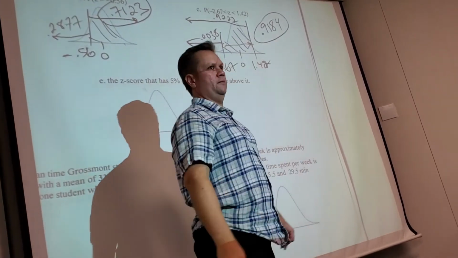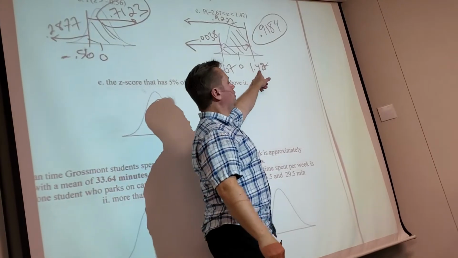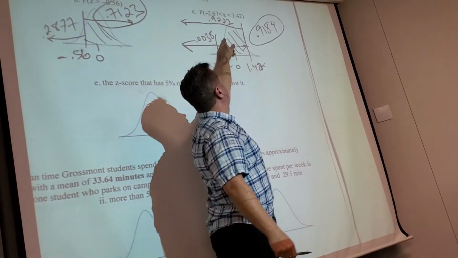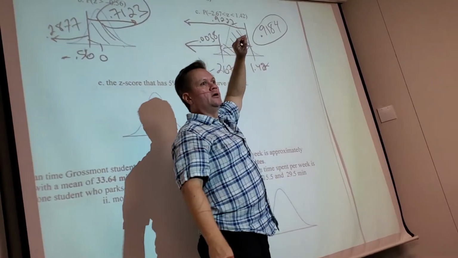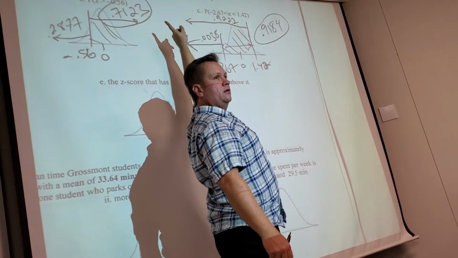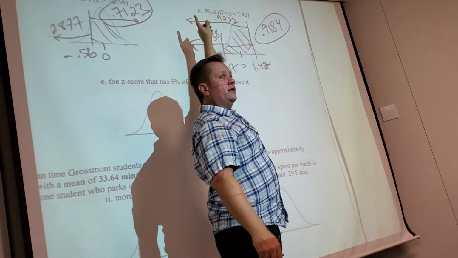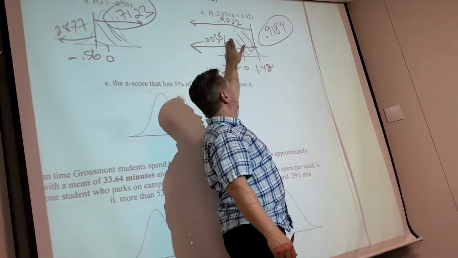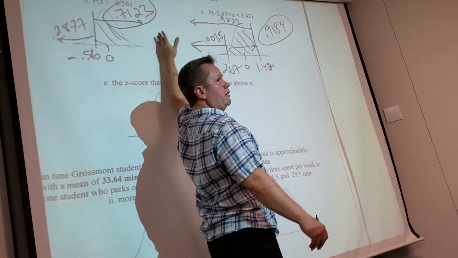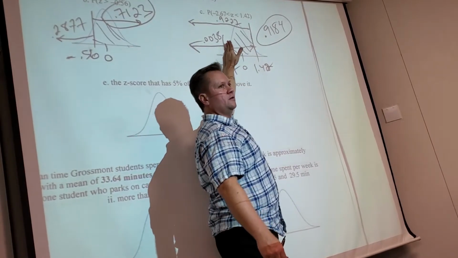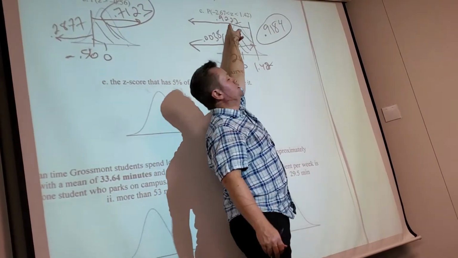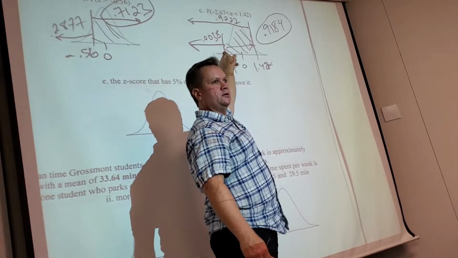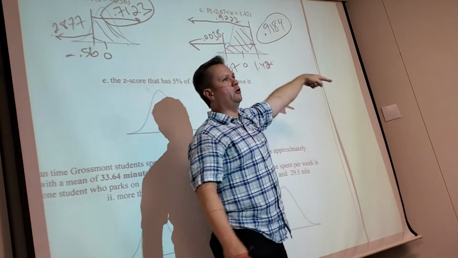Because again, when I look up 1.42, why doesn't that number answer the question? Because it goes too far. Where do I want it to stop? Right here. I want the area between those, not the area below that all the way down. I want to stop there. So how much do I want to cut off of this dude? Exactly this much. I don't have to make the arrow go any other way.